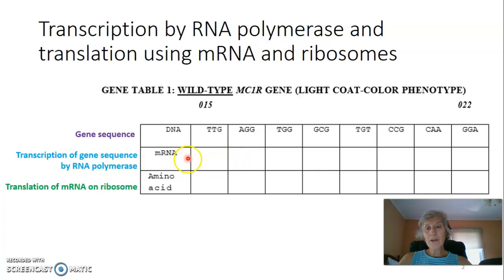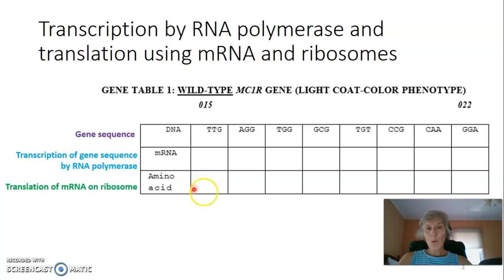There has to be a hydrogen bond formed between the copy of the gene and the messenger RNA. So to form that hydrogen bond, you have to have complementary base pairs. So you're going to form the complement. So that would be AAC. And that, of course, is going to be an RNA nucleotide, not a DNA nucleotide, and so forth and so forth.